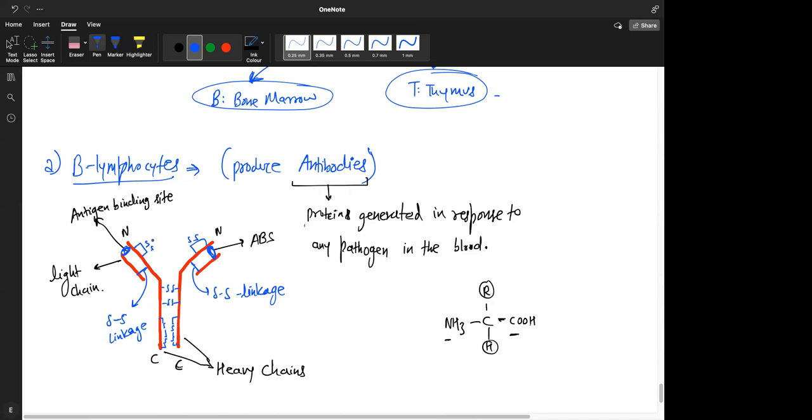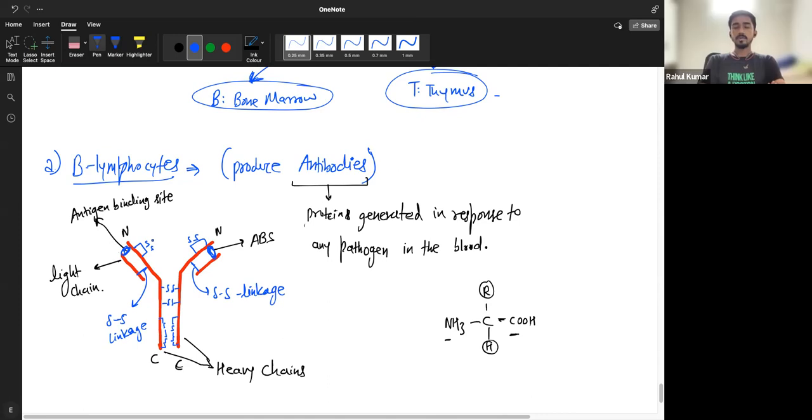Sir, can you repeat the question again? How do 2 antigen binding sites present in one antibody help in immunity? In other words, what I'm trying to ask is, if there was only one antigen binding site, then what would have been the difference?